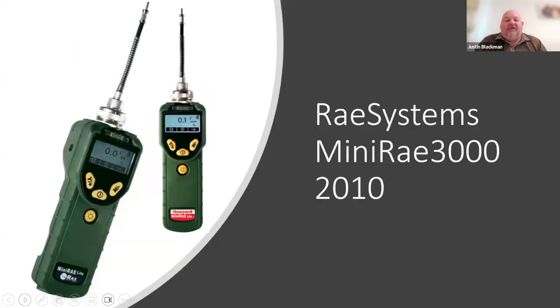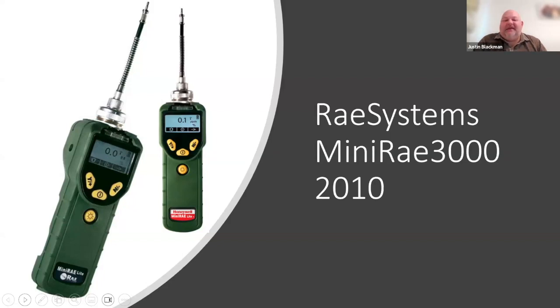Timeline-wise, moving on from there, there were advancements. Ray Systems upgraded theirs to the Mini Ray 3000, round about 2010. Again, very small technical changes. The battery had more capacity, the backlit screen was a bit brighter, but essentially it was the same Ray Systems PID technology.